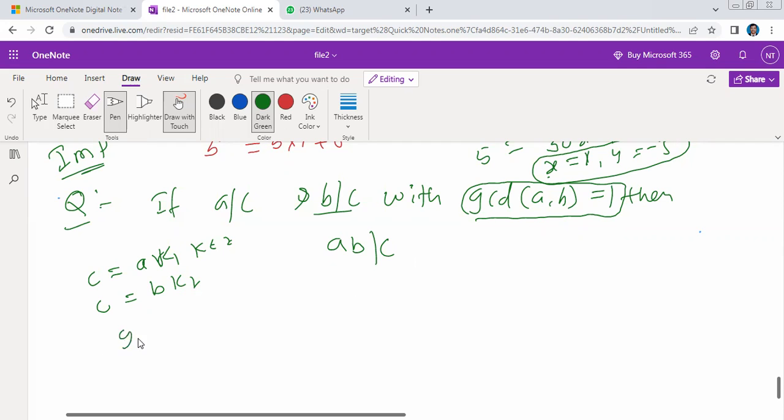If GCD of A comma B is equal to 1, as he mentioned, then what is the linear combination? Already we know that GCD of A comma B is equal to some D. D can be expressed as ax plus by. There exist two numbers x comma y such that ax plus by is equal to D. Here D is 1, so I will express the linear combination.